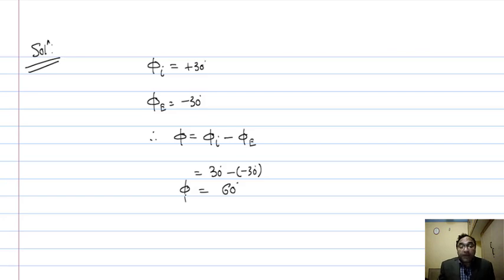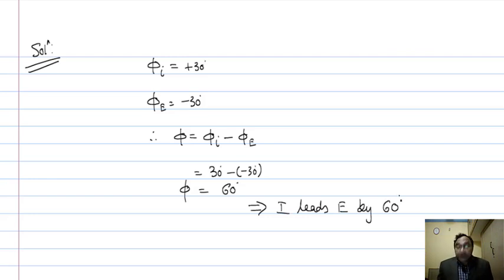So, EMF lags, current leads here. This means current I leads E by 60 degrees.